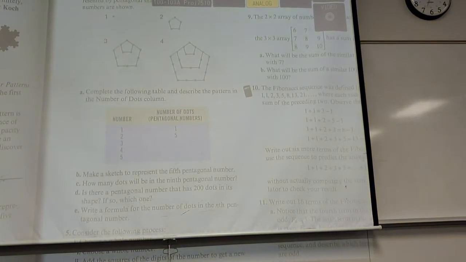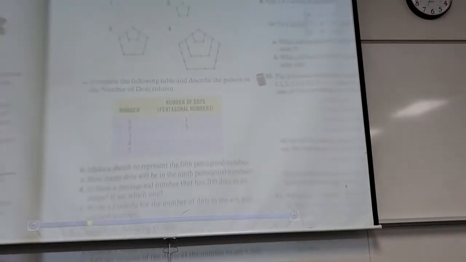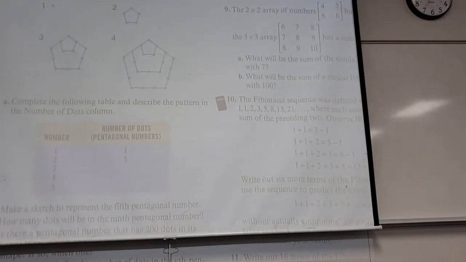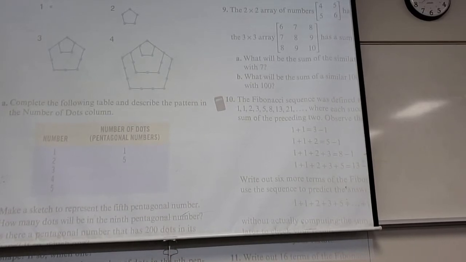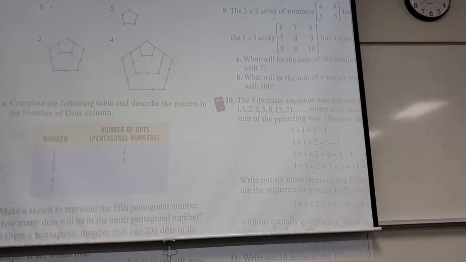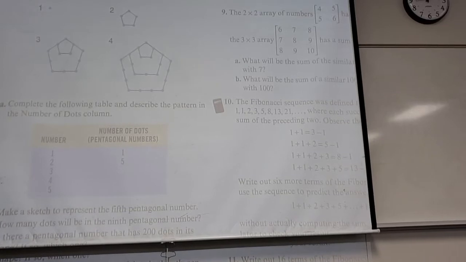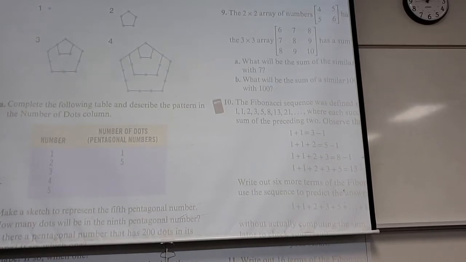I want problem set B 1. This bad boy here. Yeah, that's the one. So the first thing you do is fill it in. It's a lot like the triangular problem we did, but it's got a little bit of a difference to it.